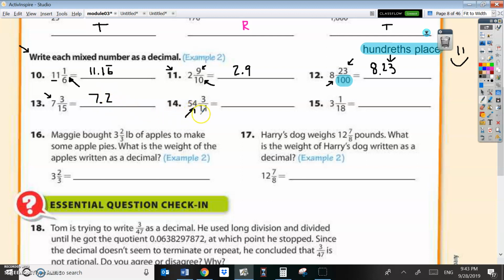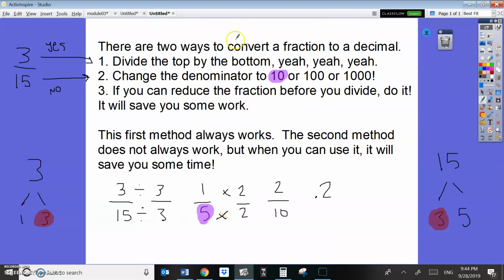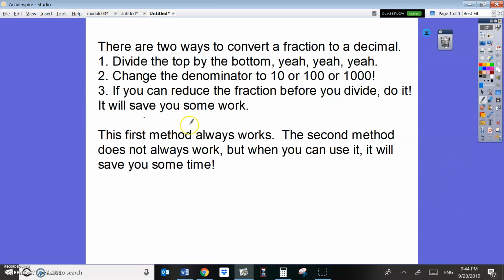54 and 3 over 11. Put in the 54, and then let's convert 3 over 11. Will this work? No. Will this work? Also no. So we just have to divide that one.